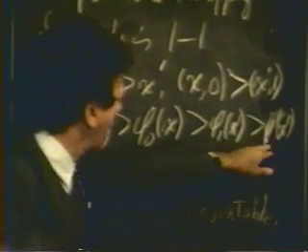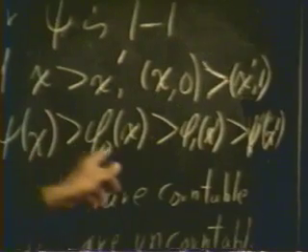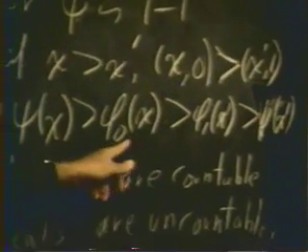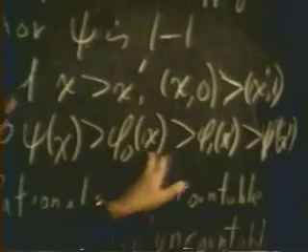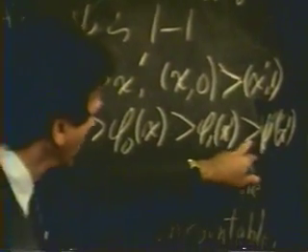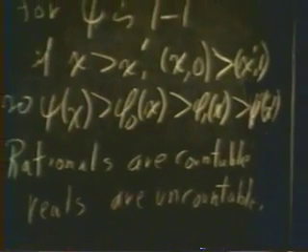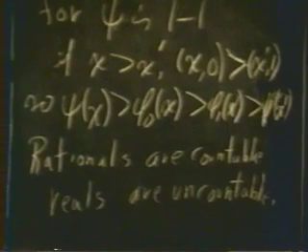Remember, psi x was chosen to be between phi 0 of x and phi 1 of x. So psi x is strictly greater than phi 0 of x, but as we've just seen, phi 0 of x is greater than phi 1 of x prime, which is greater than psi of x prime by the same argument. Psi, therefore, is a 1-1 function.